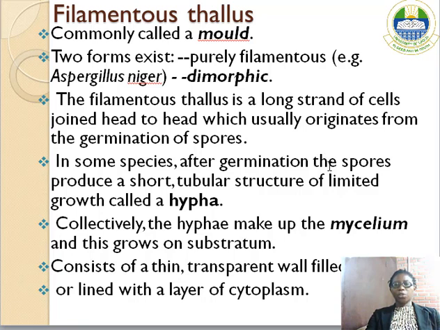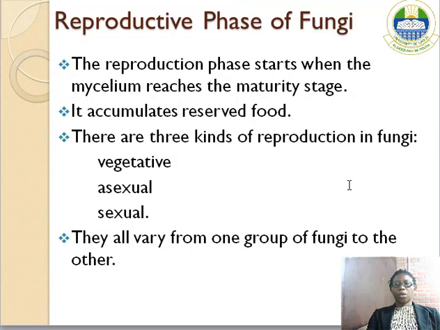In some species, after germination, the spores produce a short tubular structure of limited growth called hyphae. Collectively, the hyphae, as said earlier on, is known as the mycelium, which consists of a thin, transparent wall filled with cytoplasmic content.